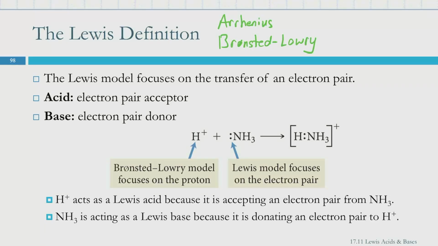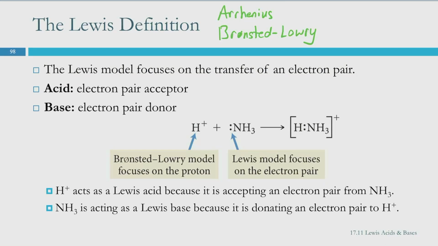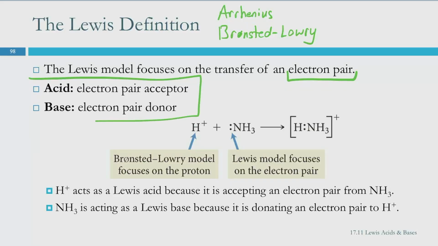And now we're learning yet another acid-base model. So the Lewis model focuses on the transfer of an electron pair. So an acid accepts an electron pair, and our base is an electron pair donor.